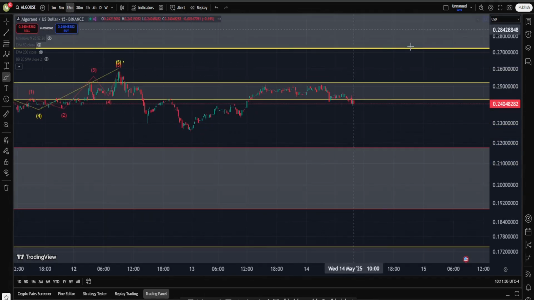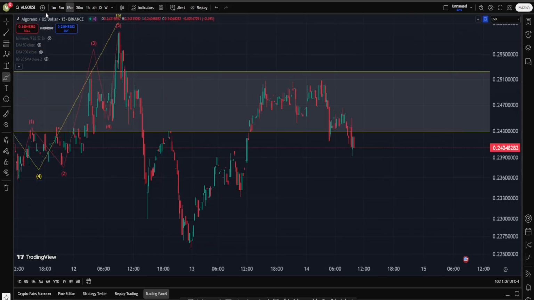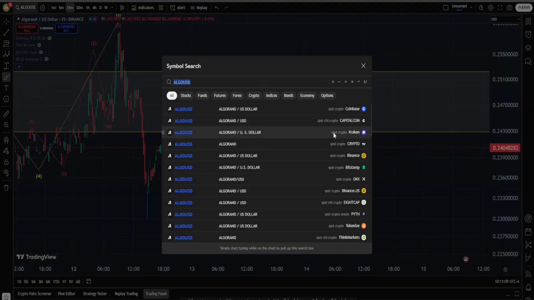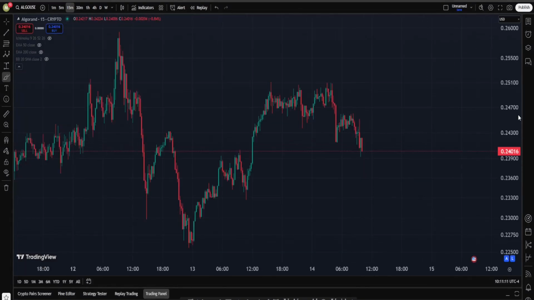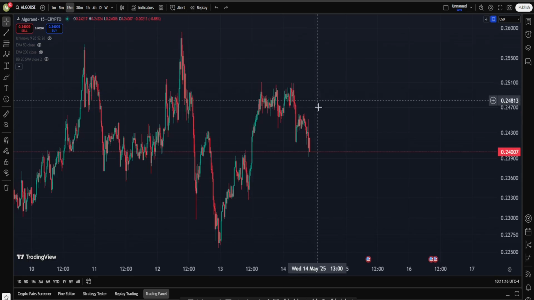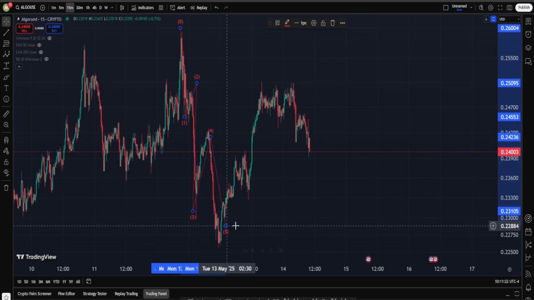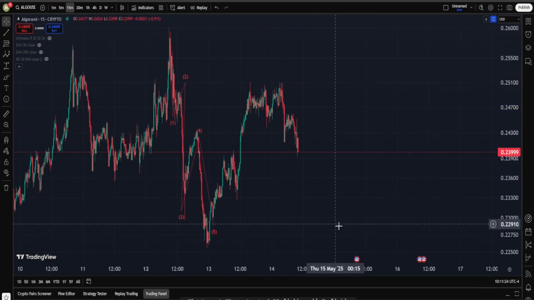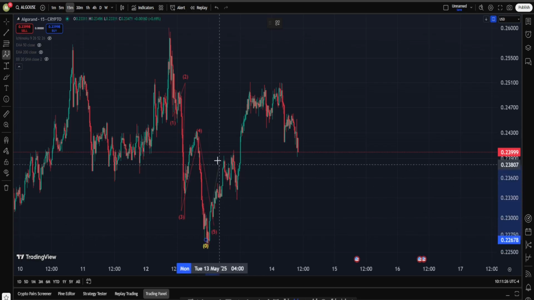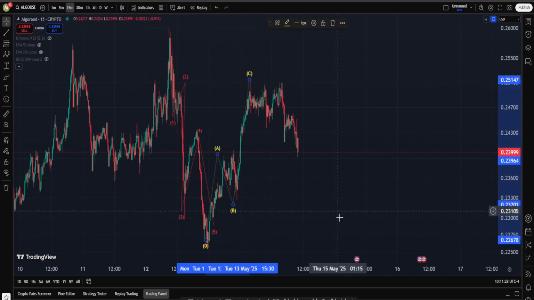And let's go on 15-minute time frame. Maybe it's best to go on crypto.com chart, because I think in this, yes, we are having better looking candlesticks. So I believe we can all agree on the fact that this is a great looking 1, 2, 3, 4, 5 wave down, followed by that, this move up might be in form of an A, B, C zigzag.